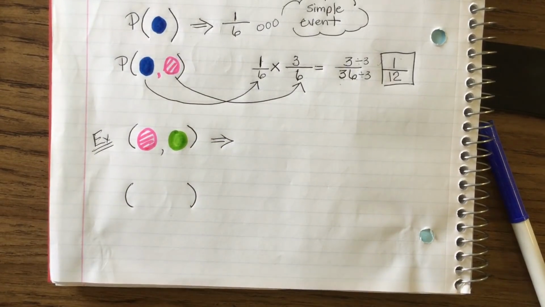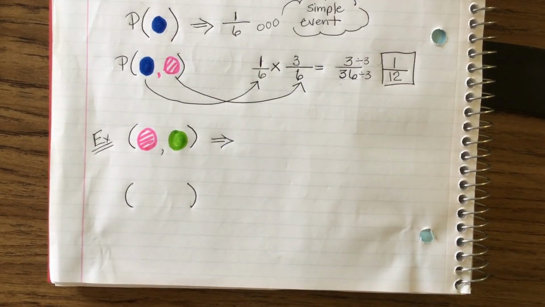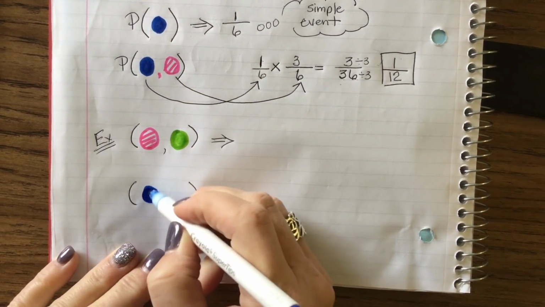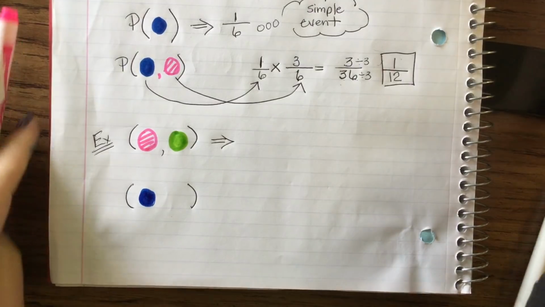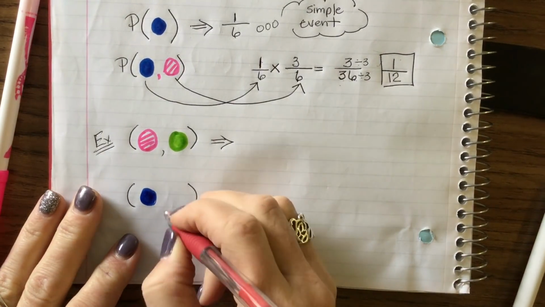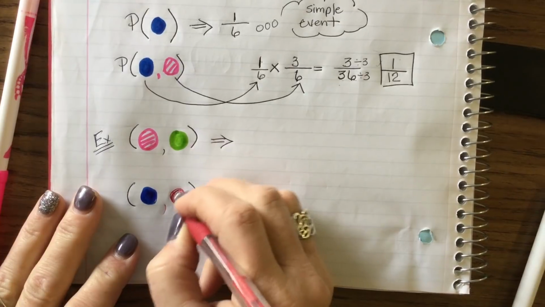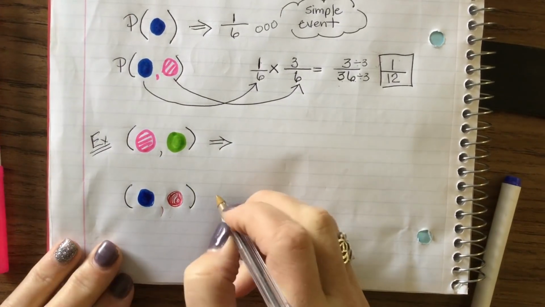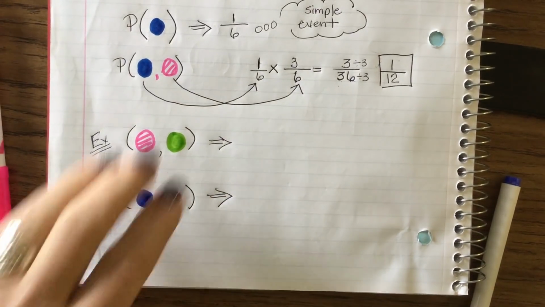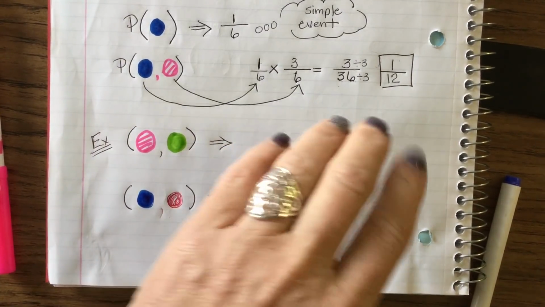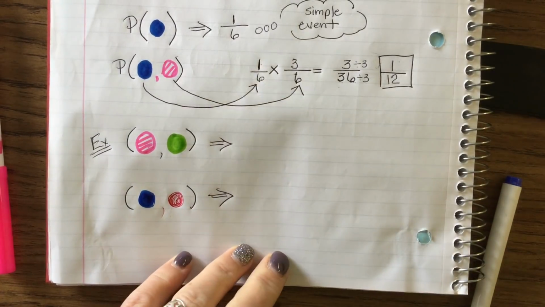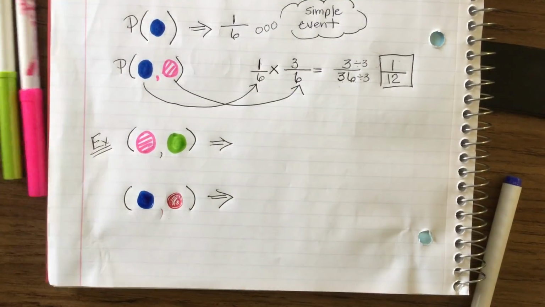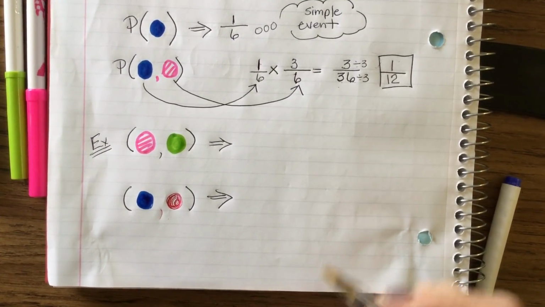And then at the bottom, I want you to find the probability of a blue one, and the probability to then pull out a red one. Yes, that was a trick question. All right, I want you to pause it. Think about those two. Try and solve it. Yes, I'm going to keep on going, but I want you to try and do it yourself. So please pause this. All right, now I'm going to give you the answers.